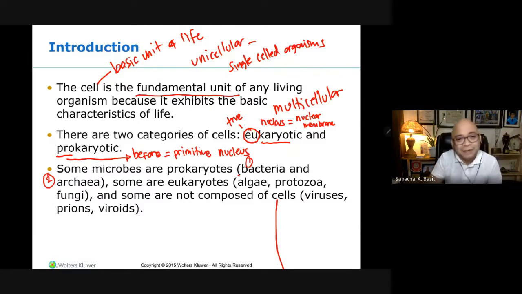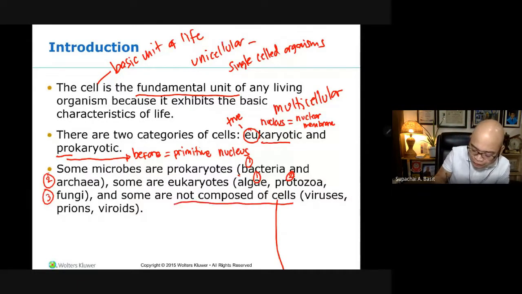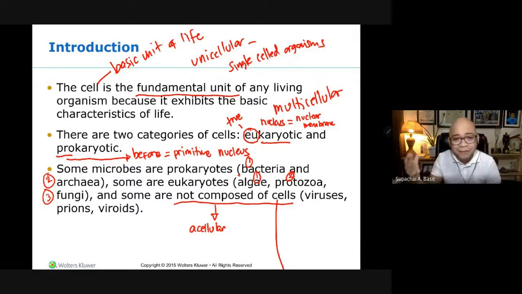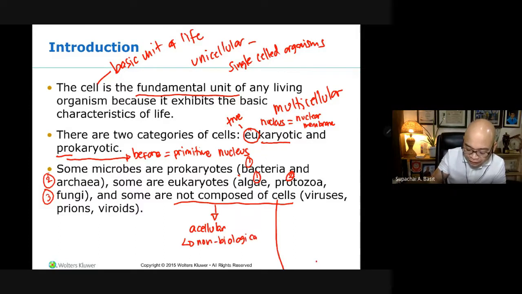Okay. However, some microorganisms are not composed of cells. Meaning to say, when they are not composed of cells, they are acellular. And since they do not have the basic unit of life, therefore we consider them as a non-biological entity.